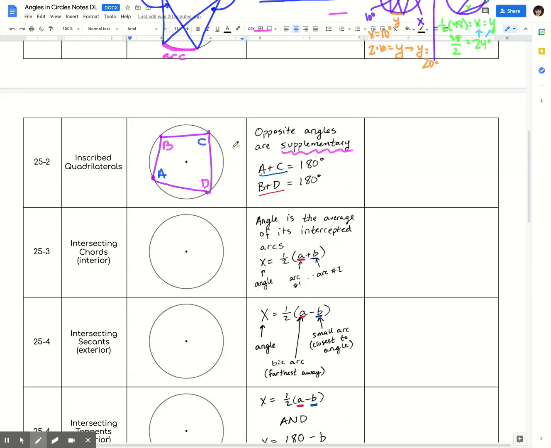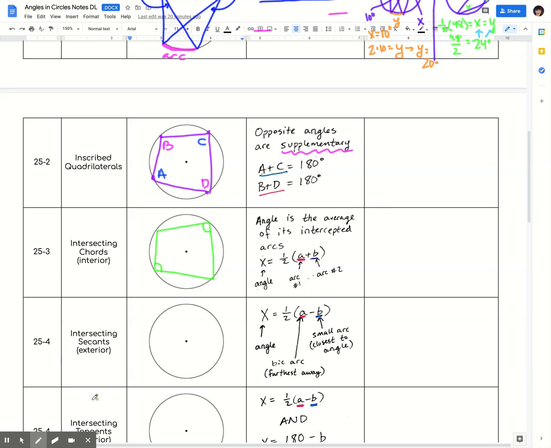I'm just going to sketch this out for you so you can see what this looks like. I'm going to draw it down here on this intersecting chords one. You don't have to draw this, this is just for me to demonstrate the point I'm making. Say we have this inscribed quadrilateral, and we're looking at these two opposite angles here and here.